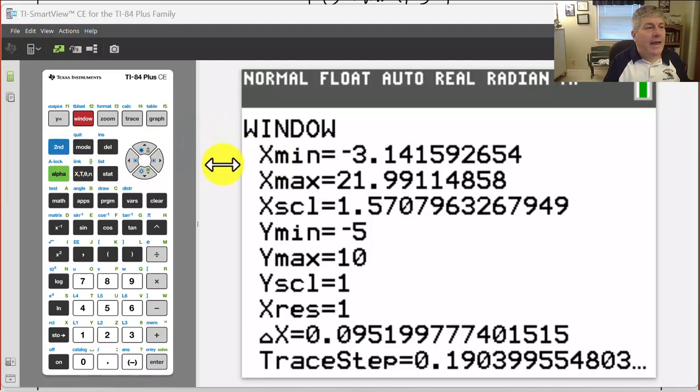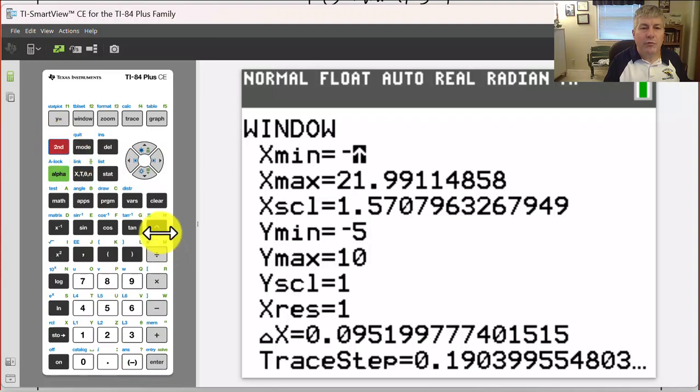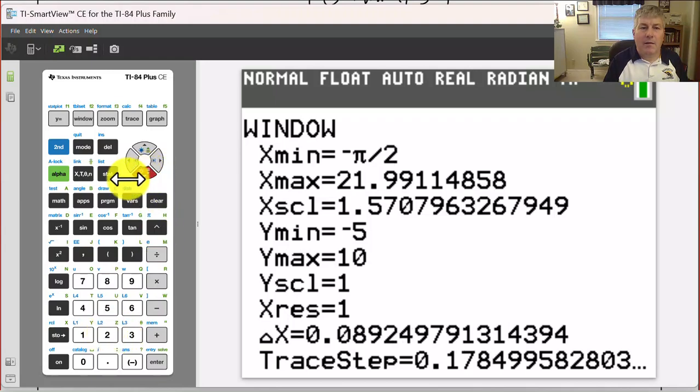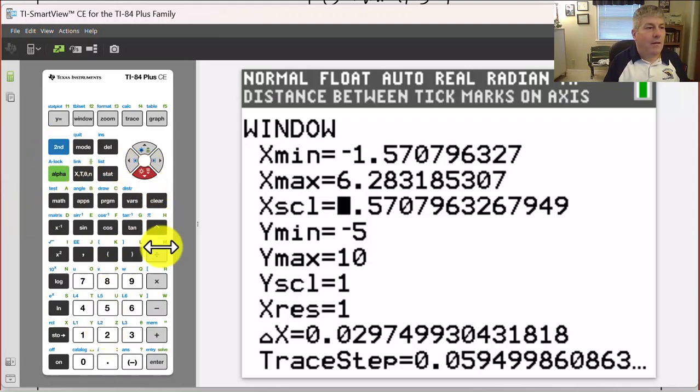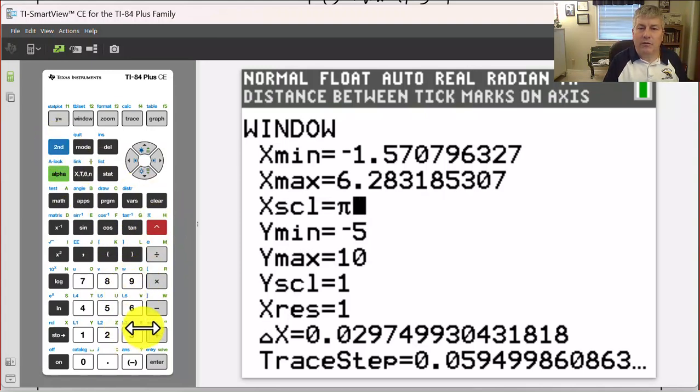So my x minimum value, I'm going to go from -pi over 2 and my x max, I'm going to go all the way out to 2 pi. My scale, I'm going to do pi over 4, so scale pi divided by 4.